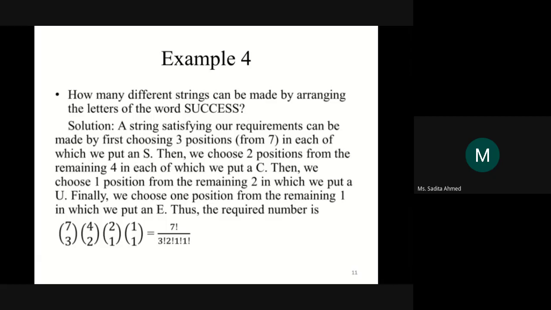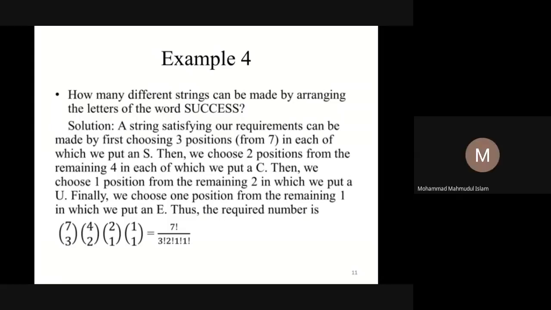So these are the positions of S. Now, can we not say that if we change the positions 1, 6, 7 to 1, 2, 3, that is, S will be in position 1, position 2, position 3, instead of being in positions 1, 6, 7, will it not give us a different string, guys?